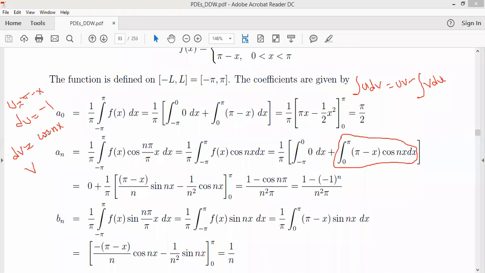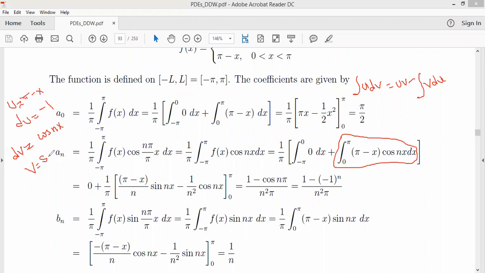I think you all know this is a cos, so v is a sine. If we differentiate sine we get cos, meaning integrating cos gives us a sine.